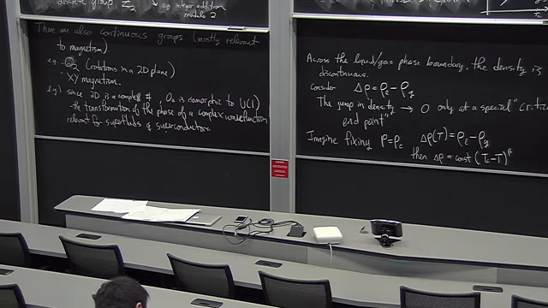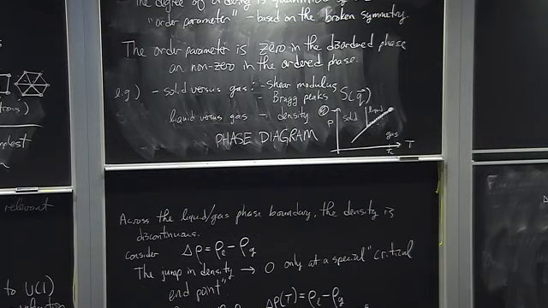That curve will look like this. And that order parameter, if you will, diverges in a very specific way: T_c minus T to the beta, where beta is what's called a critical exponent.